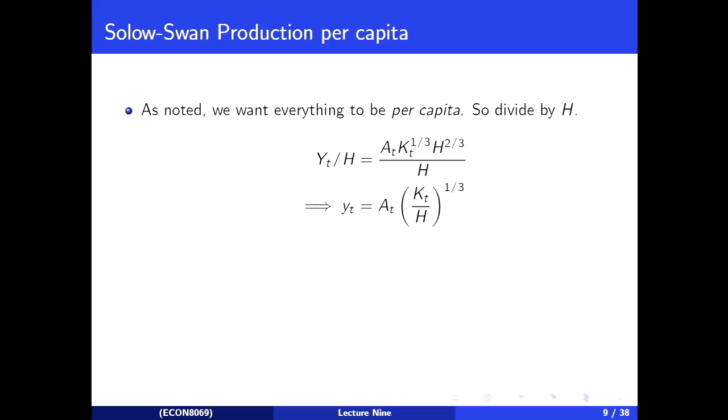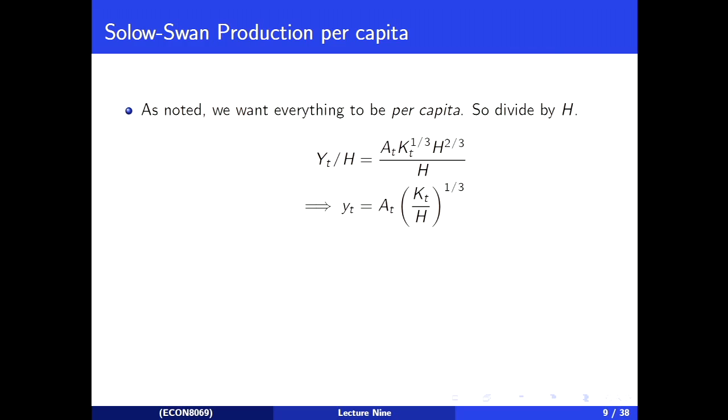H to the 2/3 over H is H to the minus 1/3, which is 1 over H to the third. Well, H to the 2/3 divided by H to the 1 is 1 over H to the third because of the way exponents cancel. And so we can factor this in this way.